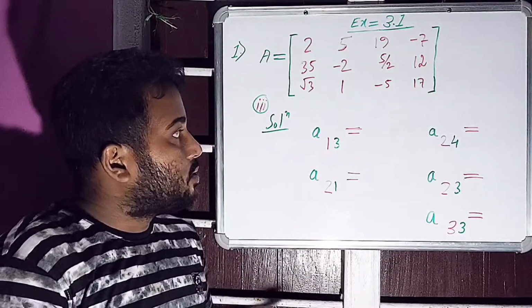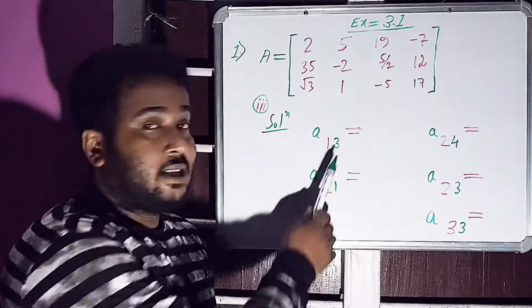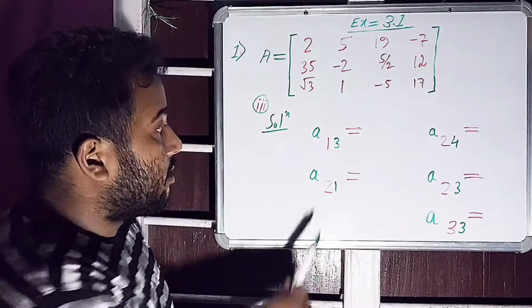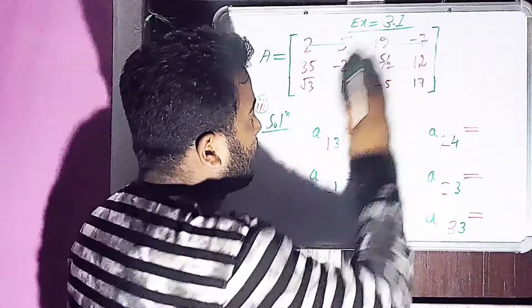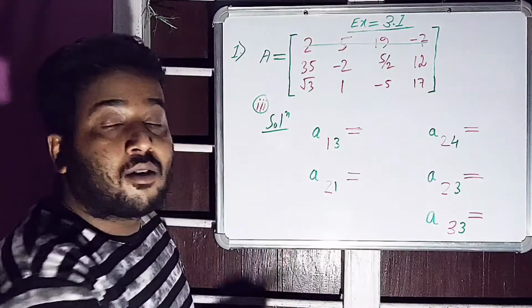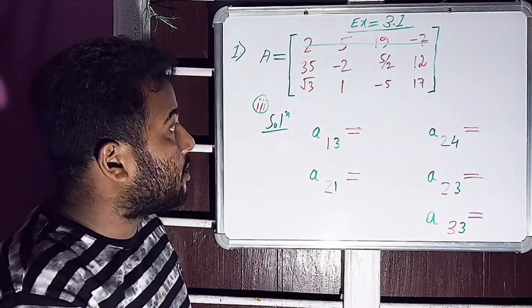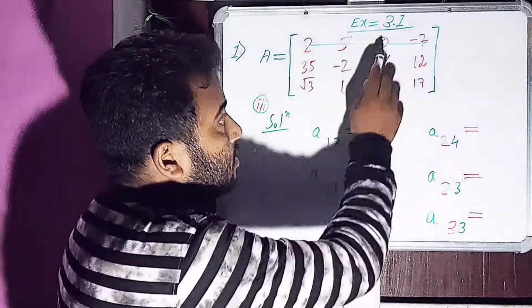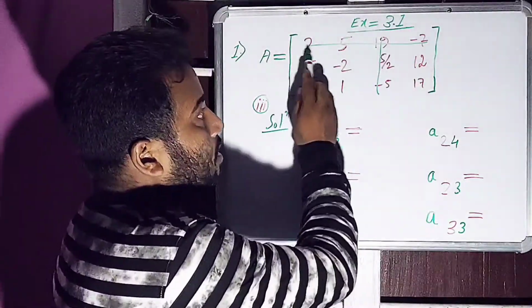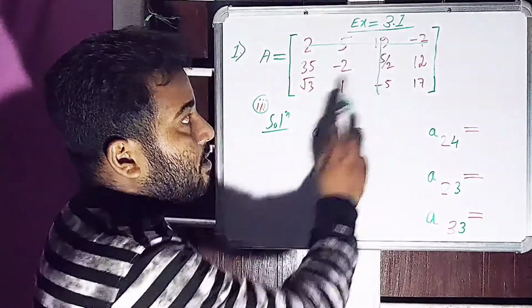Okay. So to find the element A13, at first we have to look at 1, that is row number 1. And 3 is the column number, so the third column. So row number 1 and column number 3.